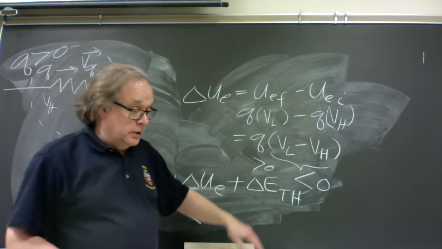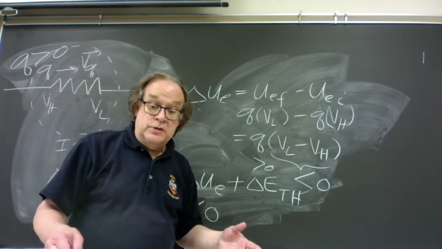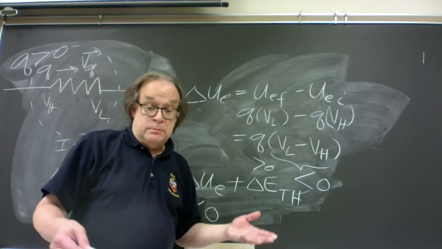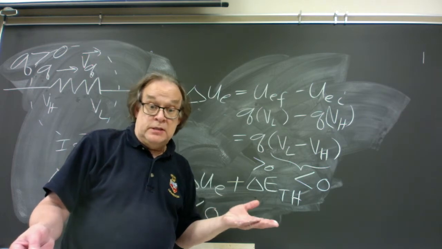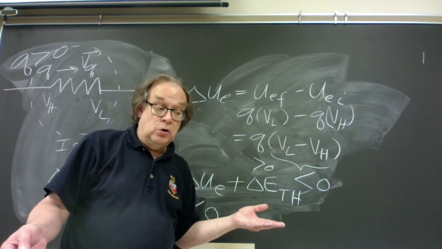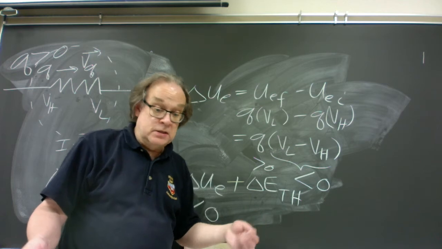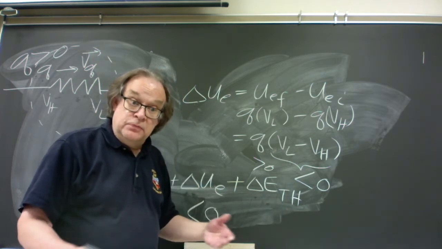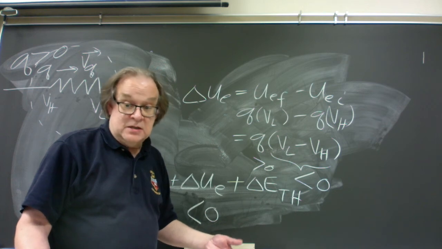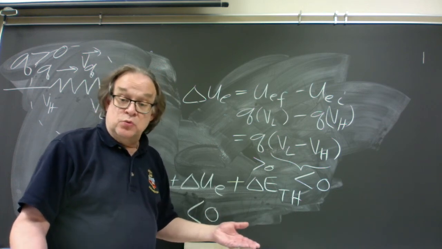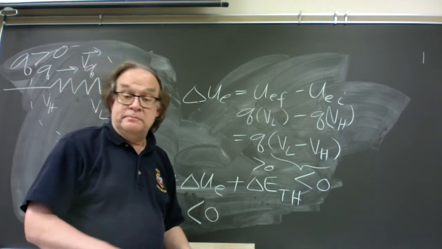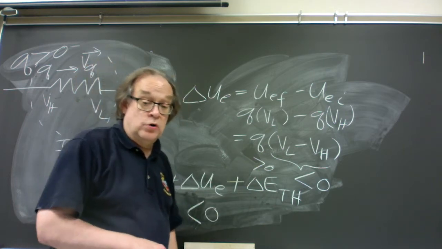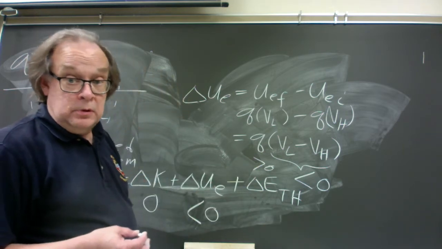And commonly in just an ordinary lump of resistance, say what the filament is in an old-fashioned light bulb, just a lump of resistance, that increased thermal energy means the temperature rises, and eventually the temperature rises enough that it starts glowing. That's basically just how it works in an old-fashioned light bulb.